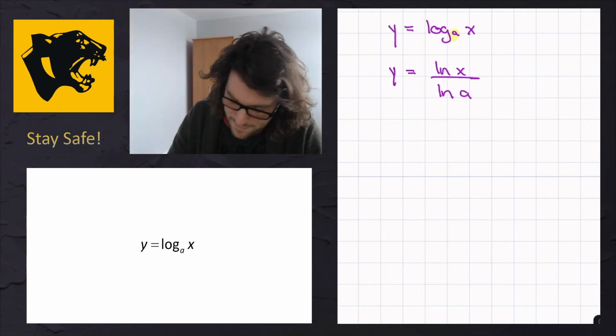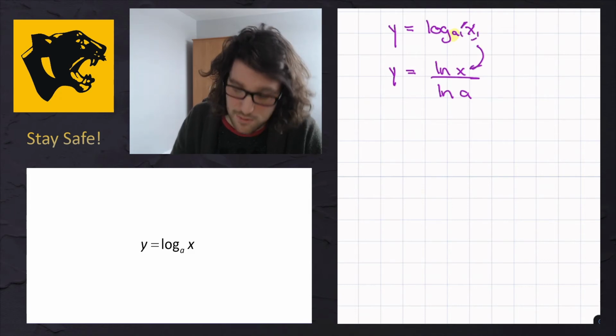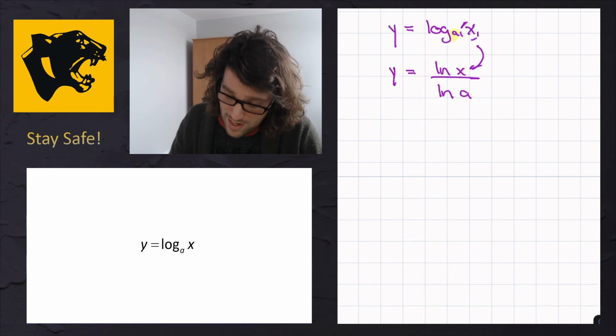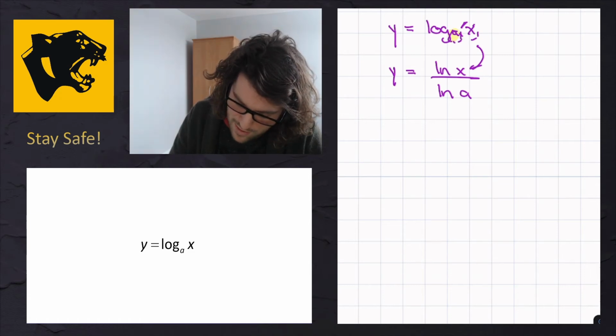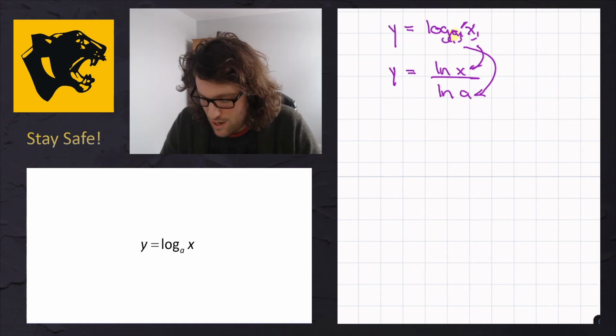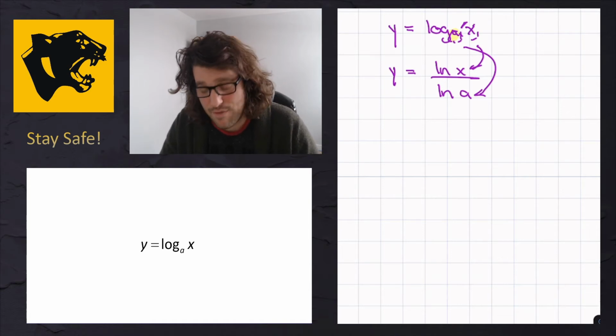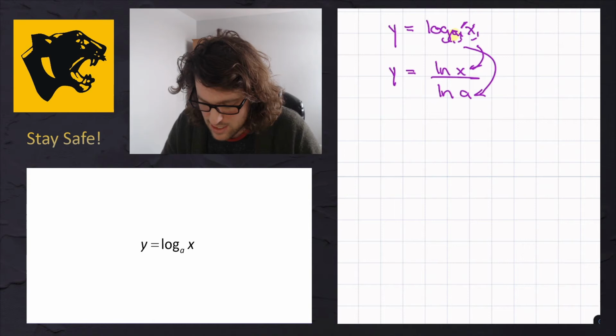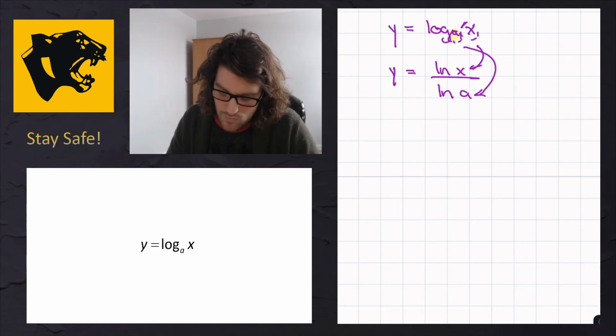But if you remember what goes on there, this value x goes inside in the new base in the numerator, and this one here goes inside of the new base in the denominator. So log base A of x is the same thing as ln x divided by ln A.